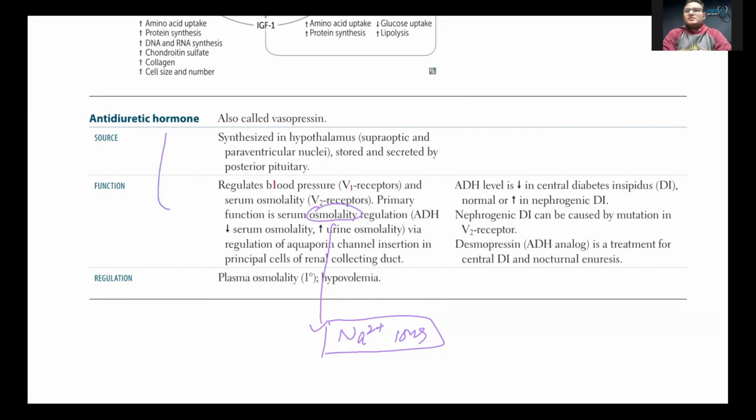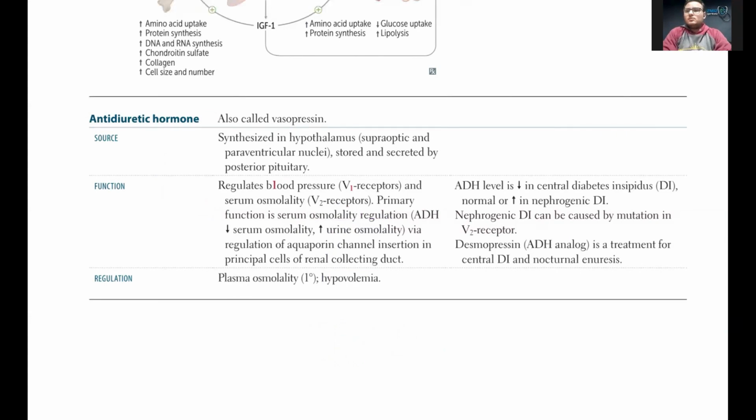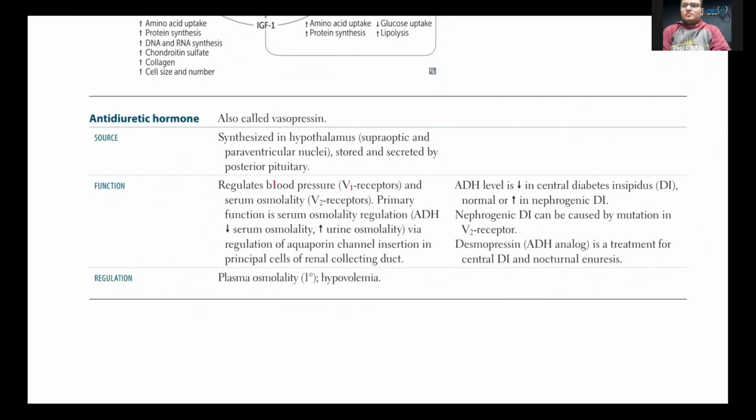So primarily the antidiuretic hormone's function is serum osmolality regulation. ADH is regulated by the serum osmolality.